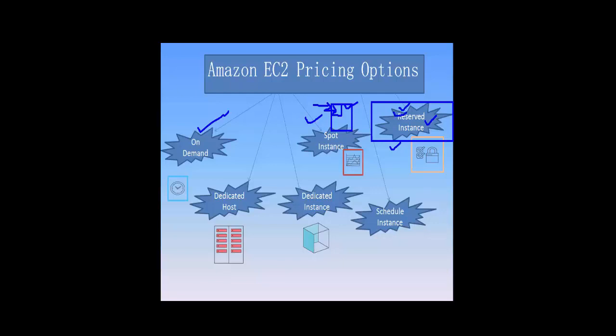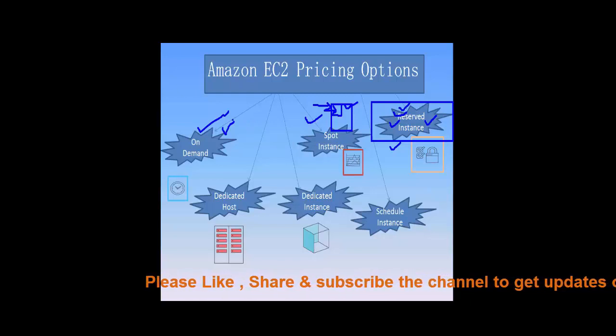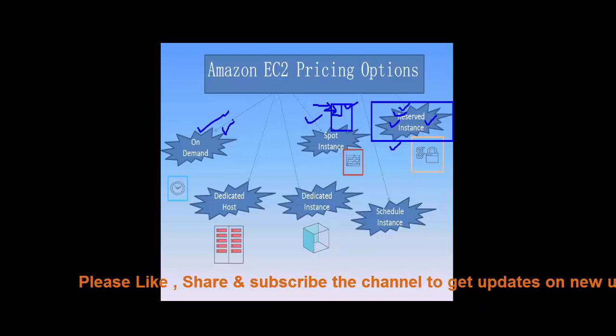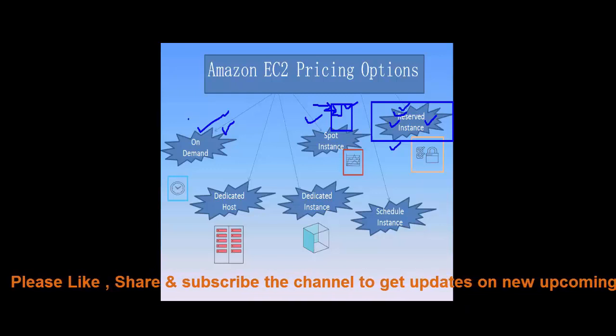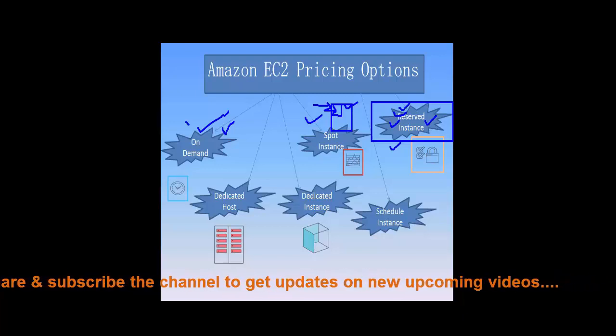Here you pay everything in advance, whether you use it or not. There, you pay only for the 2 or 3 hours you use. I think you got the difference clearly between on demand, spot and reserve.